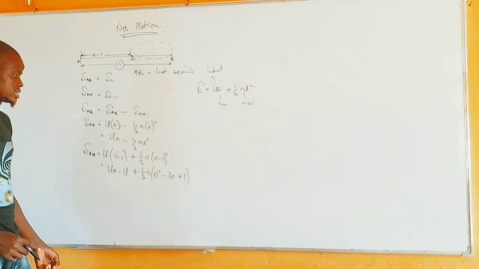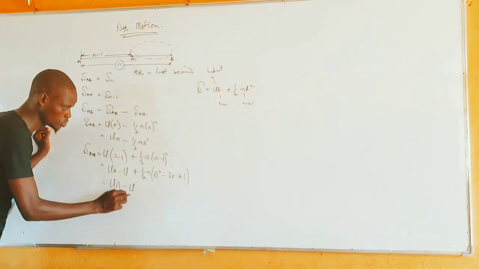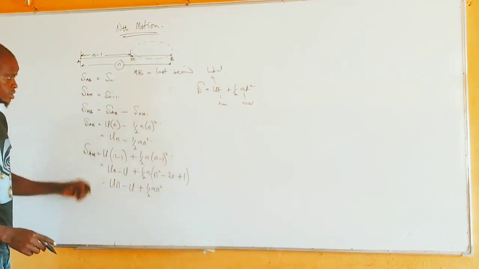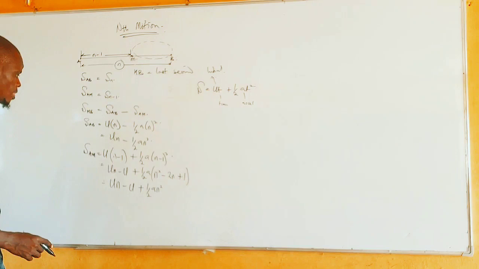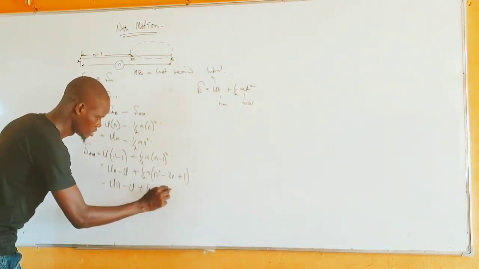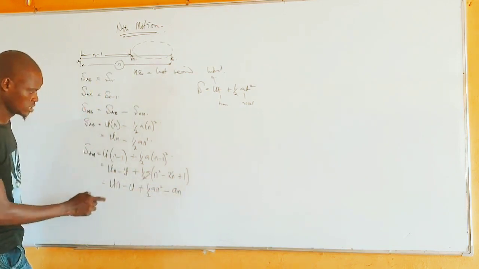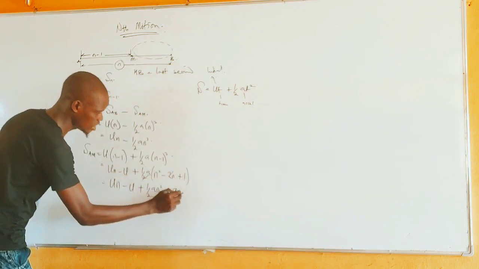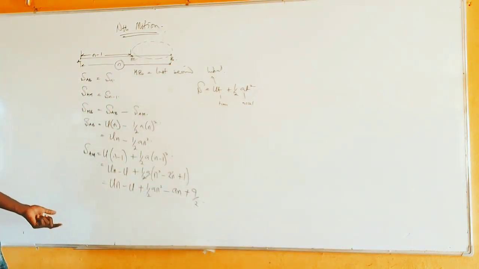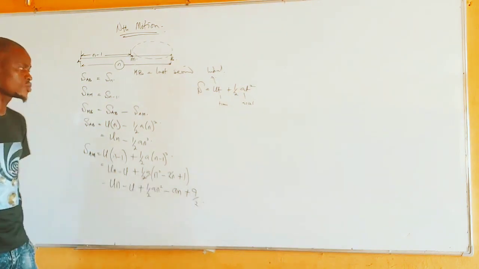Expanding, I'll have un minus u plus half an squared, minus an, and then half a times 1, plus a over 2. So I have half an squared minus an plus a over 2.